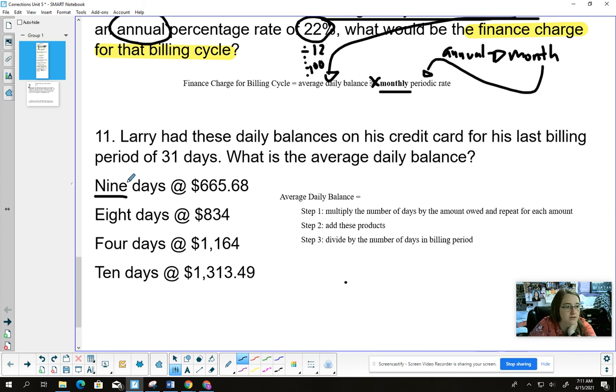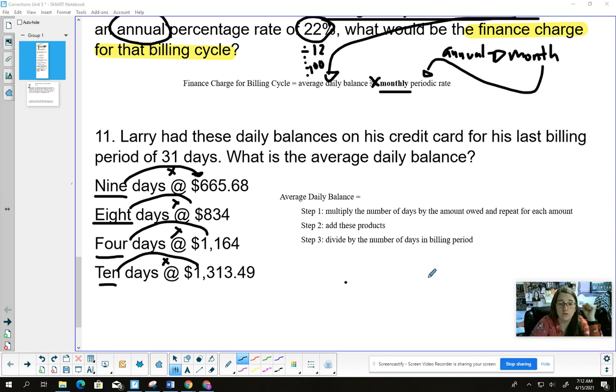Step 1 is to multiply the number of days by the amount owed and repeat for each amount. So you should have done 9 times whatever your amount was, 8 times, 4 times, 10 times, yeah? You should have done that first. And again, your amounts are going to be different. Then those 4 numbers that you get, then you add them.